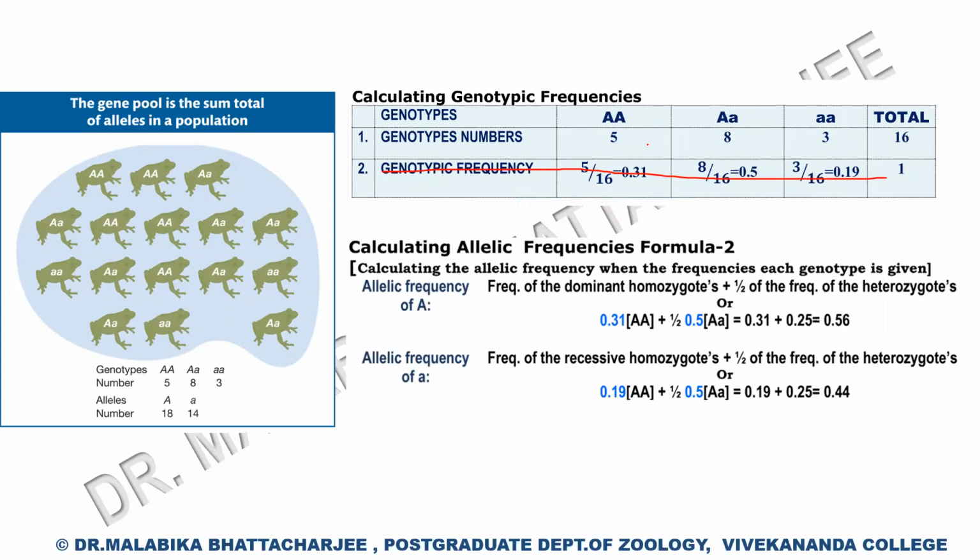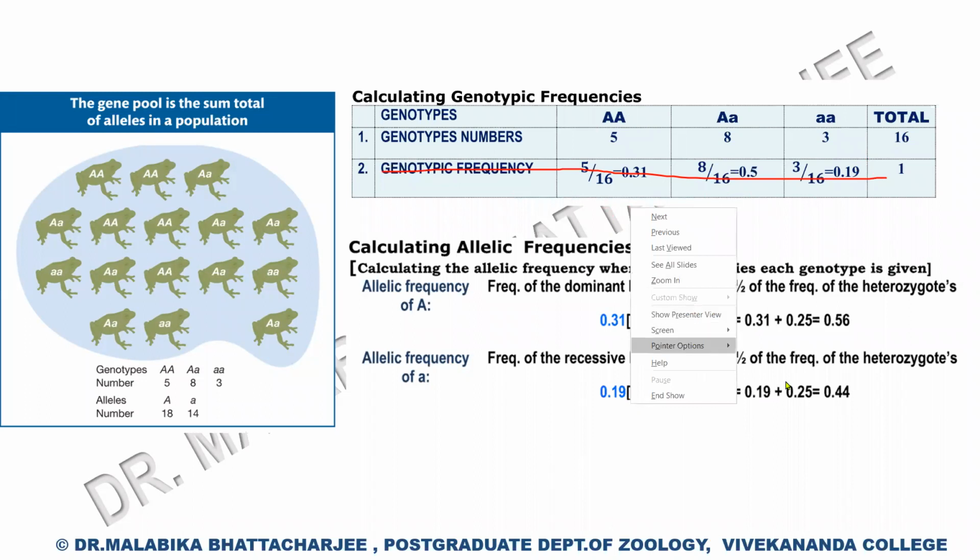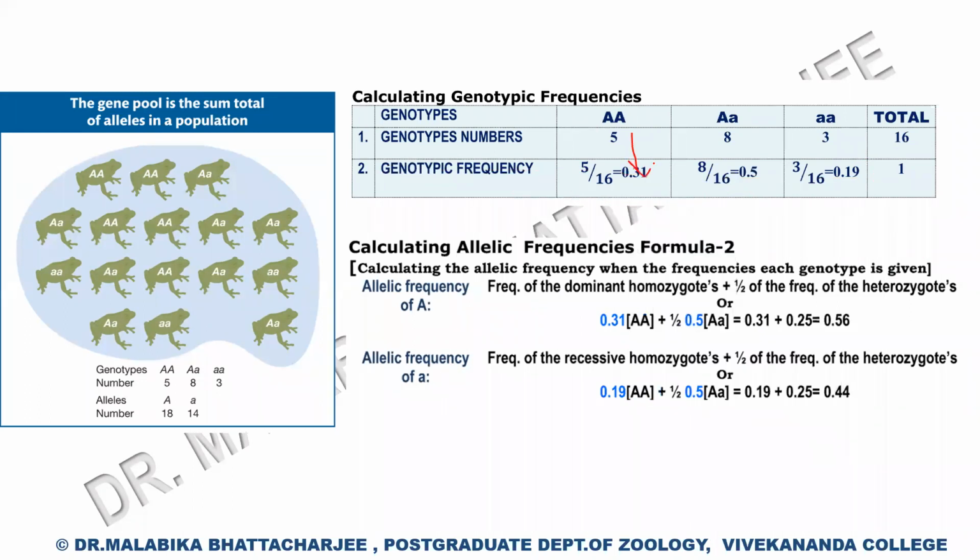So from the data of the individuals, you first calculate the genotypic frequencies, which can be easily calculated as shown here. And from these genotypic frequencies, you can get your allelic frequency by using the formula: P is equal to P square plus half of 2PQ, and Q is equal to Q square plus half of 2PQ. So if we are thorough with how to calculate the genotypic frequency and the allelic frequency, now let's go for a very simple problem.